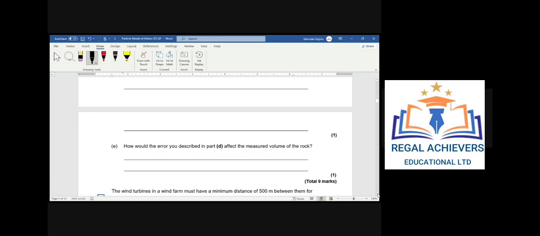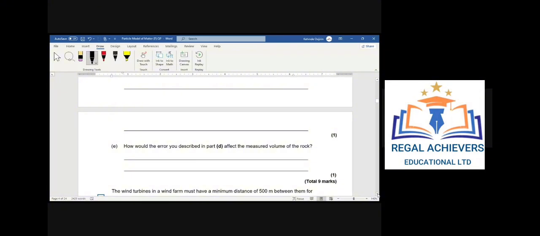If the error is not prevented, it's going to affect the volume of the rock, because if you did not get the measurement correctly, it's going to affect the final volume of the rock that is being measured. So that is one of the ways in which the error I talked about, taking the measurement through the cylinder, can affect the measurement of the volume of the rock in the whole process.